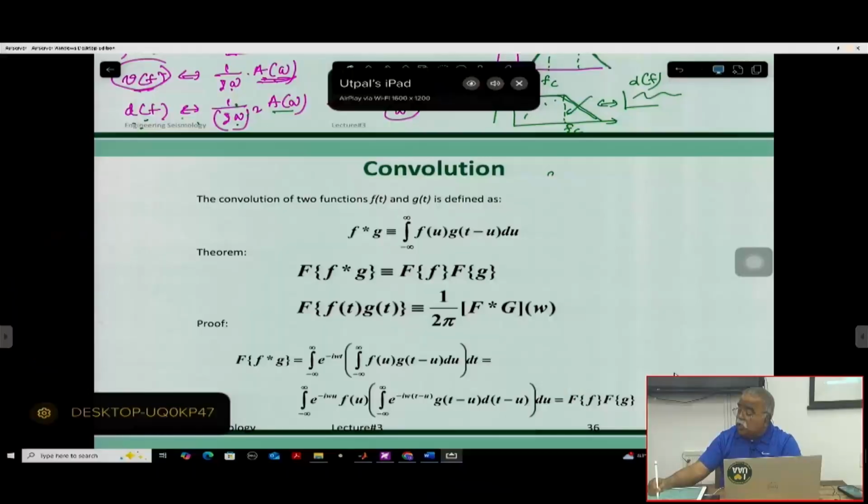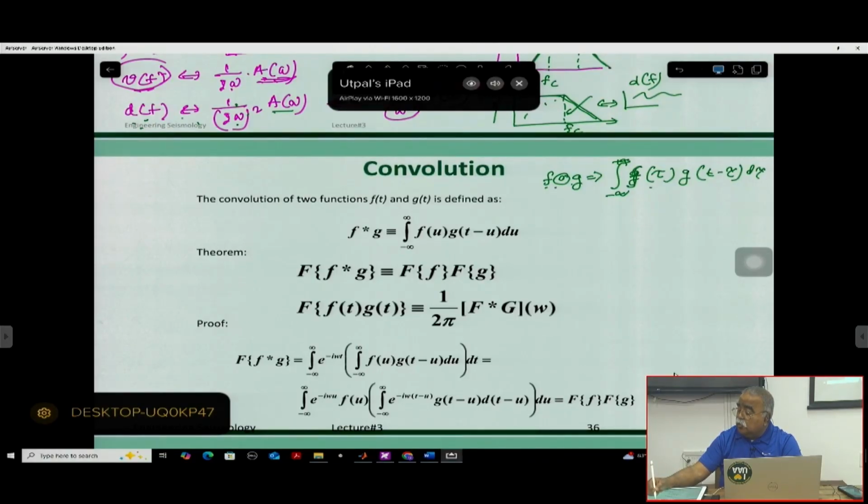Now the convolution. I have shown you the convolution last time. Convolution between the two signals f and g: if we take the definition of convolution, this will be equal to the integral from minus infinity to plus infinity of f of tau and g of t minus tau, d tau.